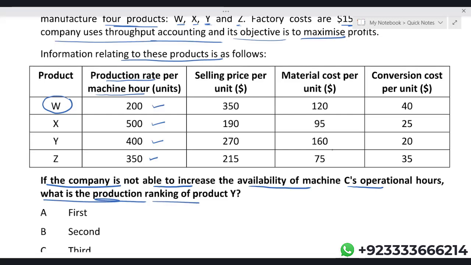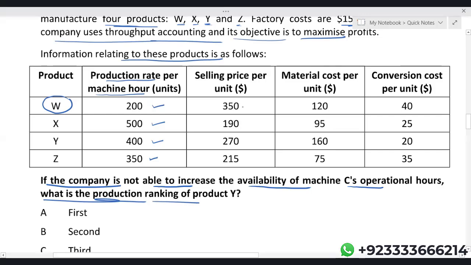Basically, when you have limited information, we simply assume that all the products have the same factory cost per machine hour. If the factory cost per machine hour is the same for all the products, then there is no point in ranking on the basis of throughput accounting ratio. In that case, you can simply make your decision on the basis of total throughput.